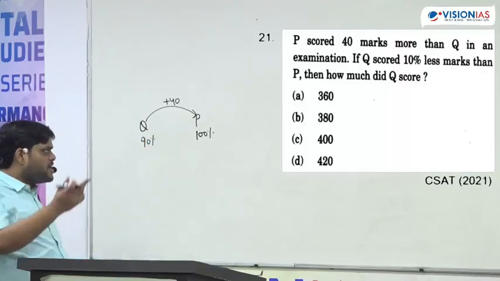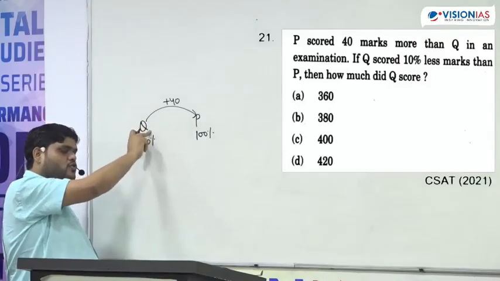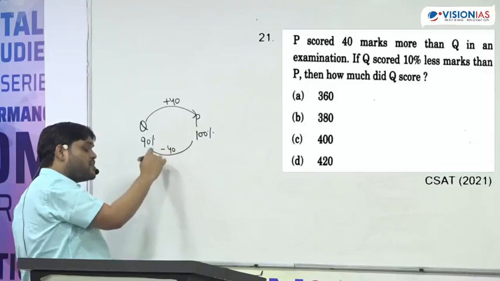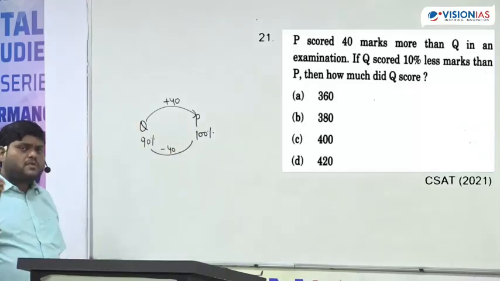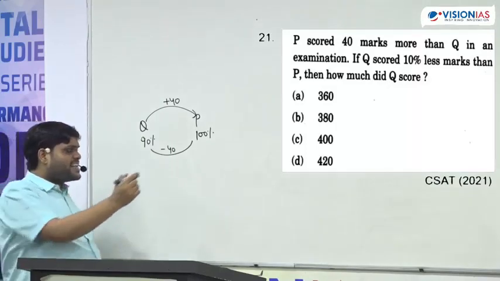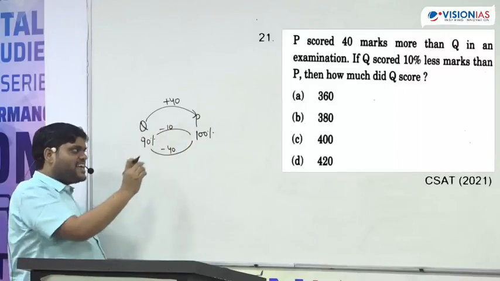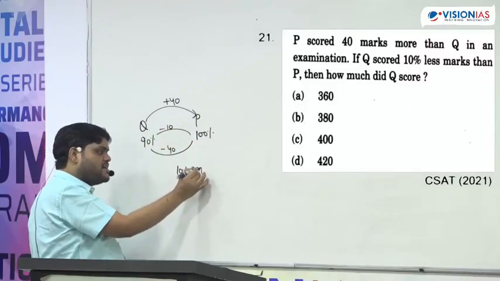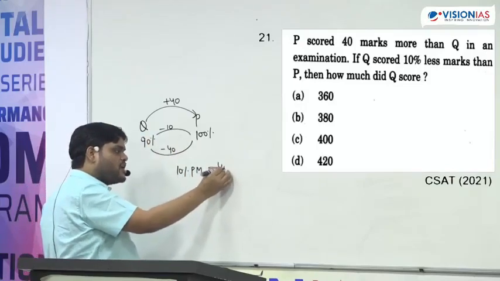It's very simple. I told you P has 40 marks more than Q, so I can say that Q has 40 marks less than P, and Q is scoring 10% less marks than P. That means this 10% of P's marks should be equal to 40 marks.